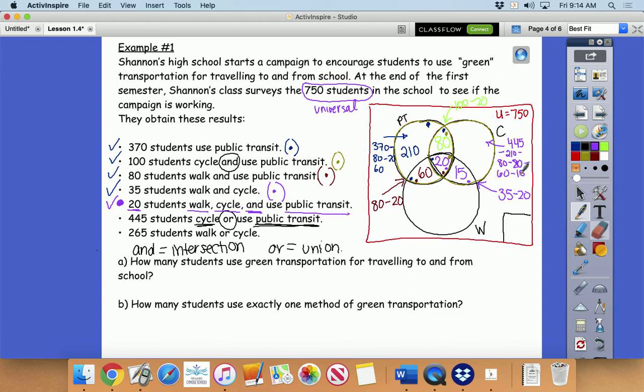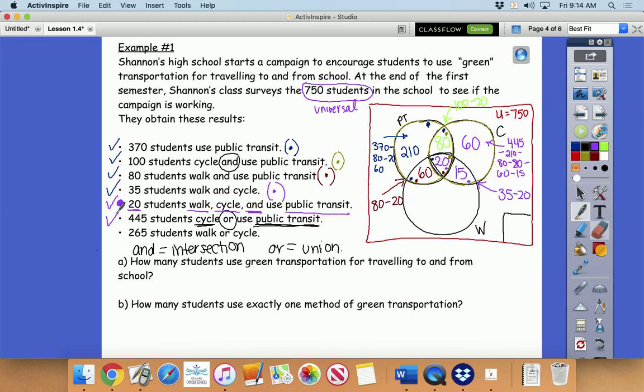So check that you have all the numbers. You should have 1, 2, 3, 4, 5 numbers that you are subtracting. And from all that, we should get that this is equal to 60 students for cycling only. So that's 60 students. So that is now done.